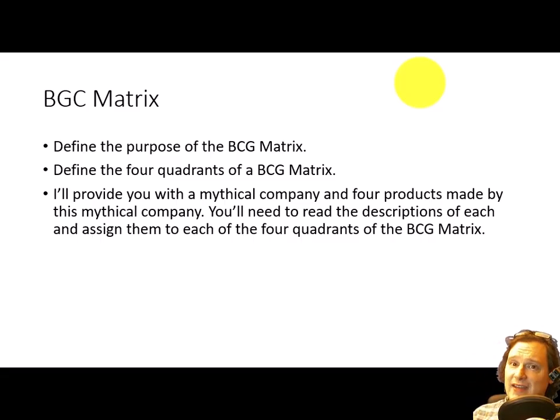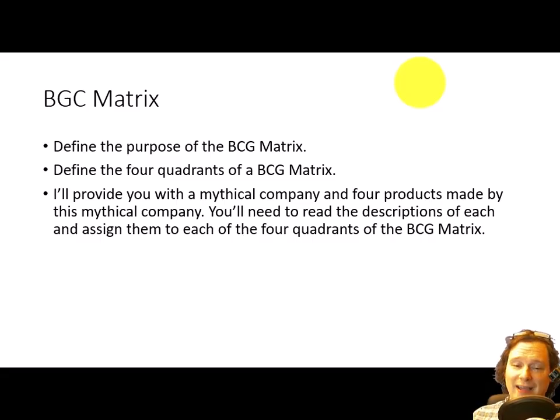And once again, I'm going to provide you with a mythical company and 4 products made by this mythical company. And then you'll need to read the description of each and assign them to each of the 4 quadrants of the BCG matrix. And once again, this mythical company is going to be based on a real company, and the 4 products are going to be real products.